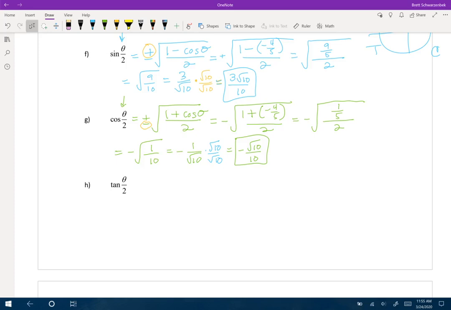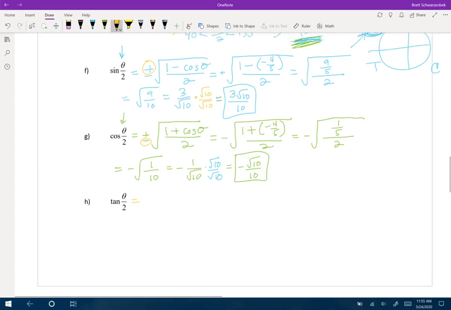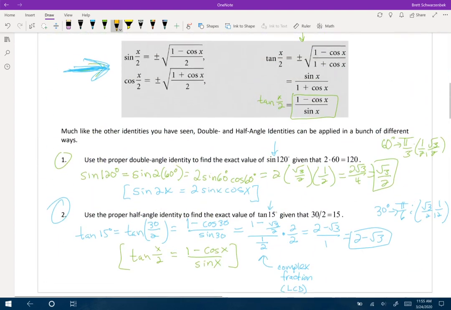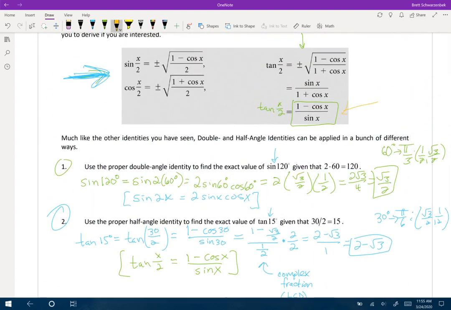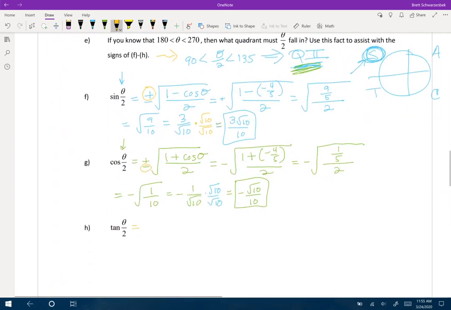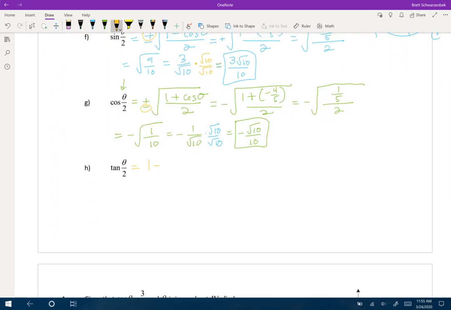Okay, lastly, we got tangent of theta over 2. If we go back, remember there are 3 formulas, but I did suggest using this one. I would listen to that just because it will provide less work for you, most likely, along the way. So 1 minus cosine all over sine. Okay, so what is different about this right away?